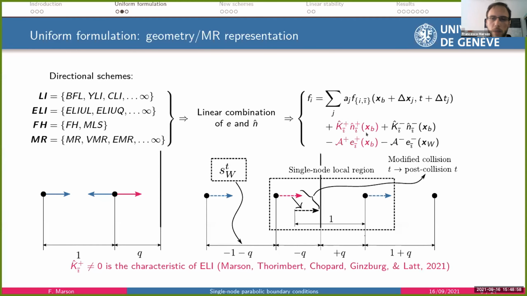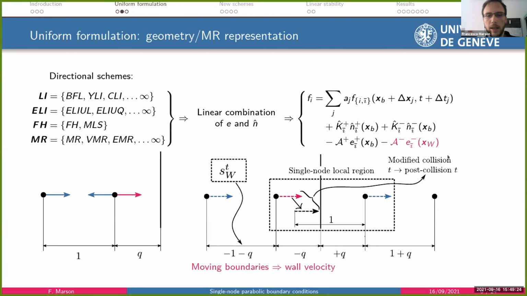Then you have these pink terms here that we use to represent with this unified formulation the recently introduced ELI scheme, which is a fully local scheme. Then we have this K correction that we will use to parameterize and improve the accuracy of the schemes. And then we have this term here that is basically the influence of the motion of the wall, so it introduces the wall velocity in the scheme.